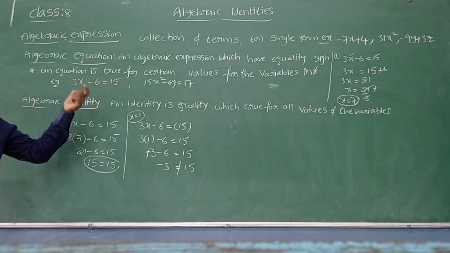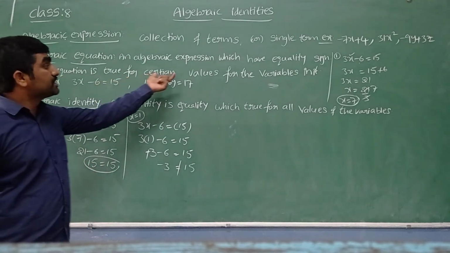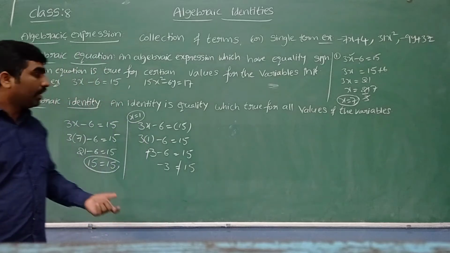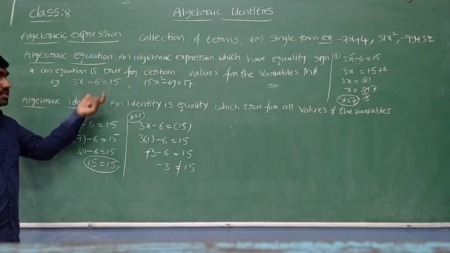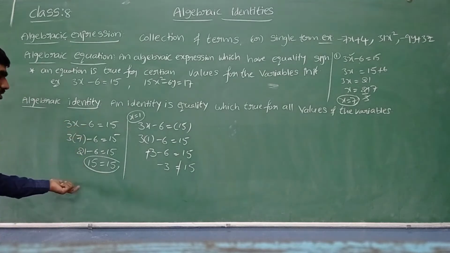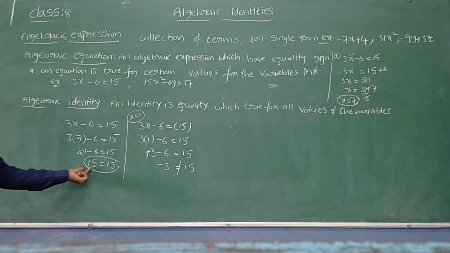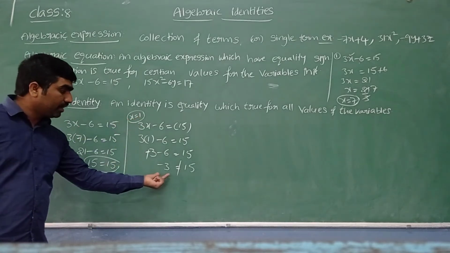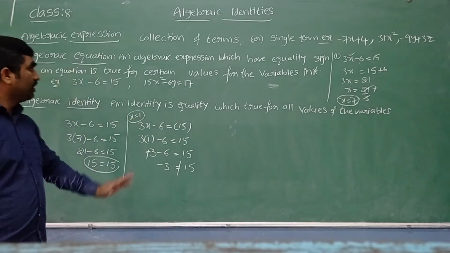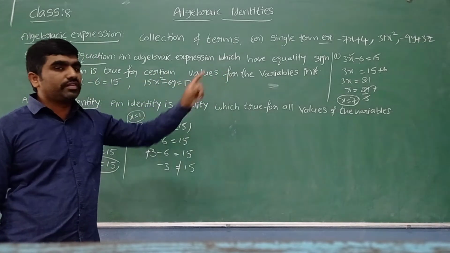An algebraic equation is true for only some particular values. It is true for certain values of the variables. An algebraic equation gives both LHS and RHS equal only for some particular values, not all the values. By taking x equal to 7, it is true. By taking x equal to 1, it is not true. Means an equation is true for certain values of the variables in it.